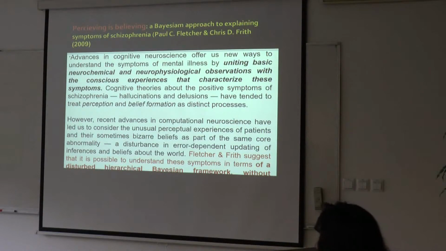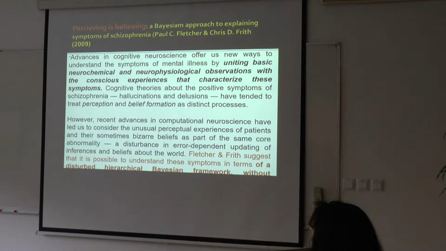Perceiving is believing: a Bayesian approach to explaining symptoms of schizophrenia. There is another example that I'm giving you here. Advances in cognitive neuroscience offer us new ways to understand the symptoms of mental illness by uniting basic neurochemical and neurophysiological observations with the conscious experience that characterizes these symptoms.